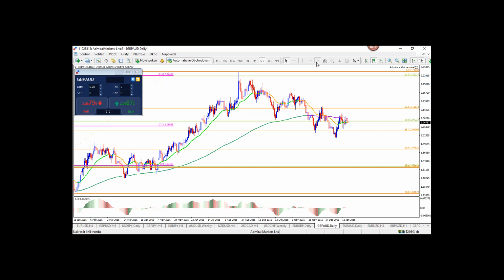So a breakout of this trend line cannot be ignored as well, and the break of that resistance in this channel could lead to a breakout trade easily. And that's an interesting setup as well.